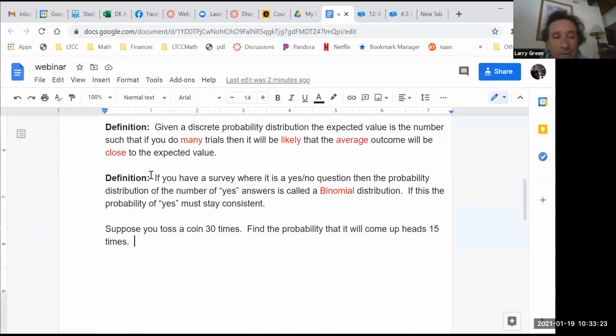Okay, let's do another one. Suppose that 8% of all Americans are left-handed.